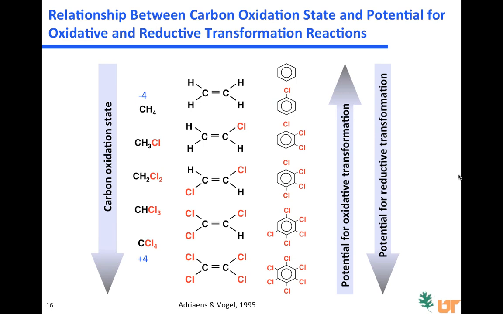This is important to keep in mind. If you have organic compounds with a high degree of chlorination, the likelihood that they undergo reductive transformation in anoxic environments is high. The probability that they are transformed in the presence of oxygen is relatively low.